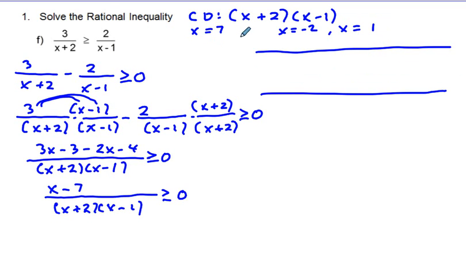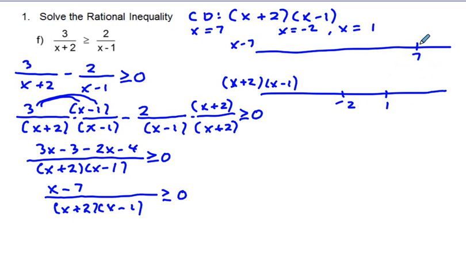So for our numerator, we have x minus 7, and for the denominator we have quantity x plus 2 times quantity x minus 1. And now we just try to put these in order. Our critical numbers are going to be negative 2, 1, and 7. So I'm going to put negative 2 and 1 here in the denominator, and 7 up here in the numerator.